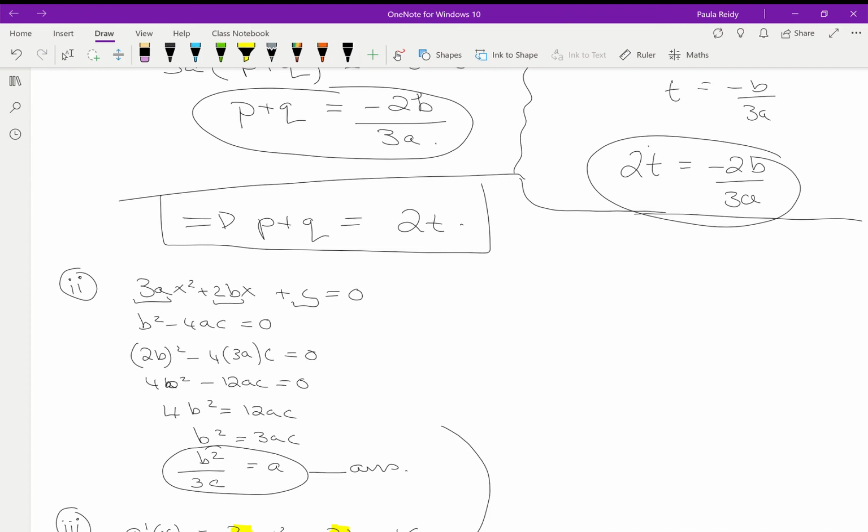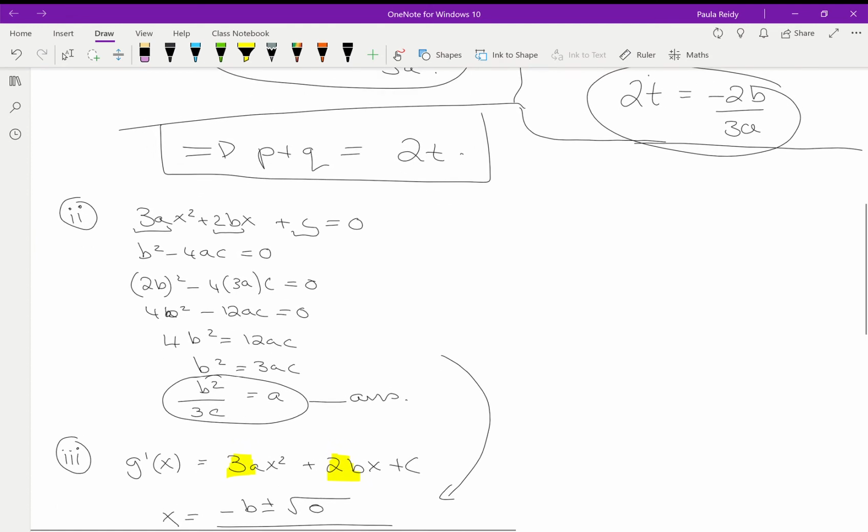Basically the solution to this: b squared minus 4ac has got to equal 0. So we put all of that in here and tidy that up, we get 4b squared minus 12ac. 4b squared is equal to 12ac, and we need the a on its own, so we get a equals b squared divided by 3c.